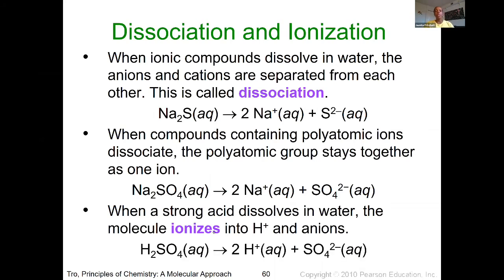So we've hinted at this idea about dissociation and ionization, but we really want to make sure that we are able to predict what the dissociation products would be when you're looking at ionic compounds or these molecular compounds.